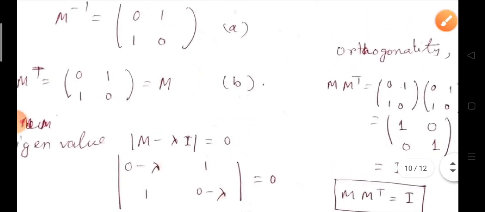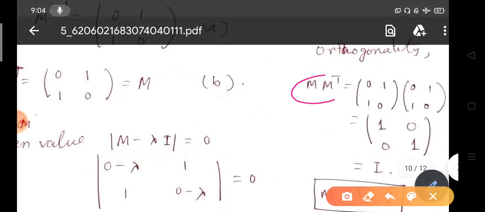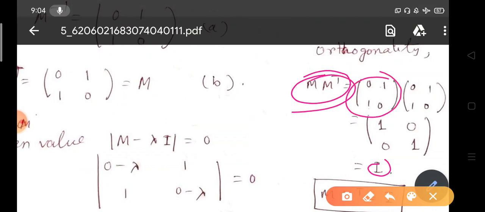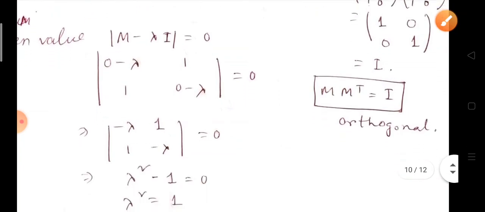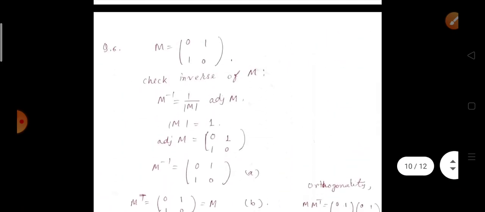And now let us check the orthogonality. M into M transpose, if it is I, then it is orthogonal. M is 0 1 1 0, M transpose is also 0 1 1 0. So we get 1 0 0 1, that is I. So M into M transpose is I, so it is orthogonal. Let us check the options again.